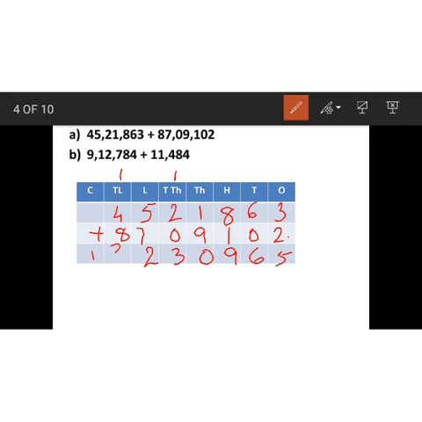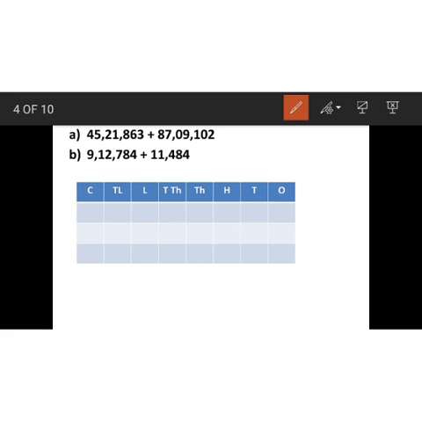So, when we are reading, it will be 1 crore 32 lakh 30,965. So, we got the sum as 1 crore 32 lakh 30,965.